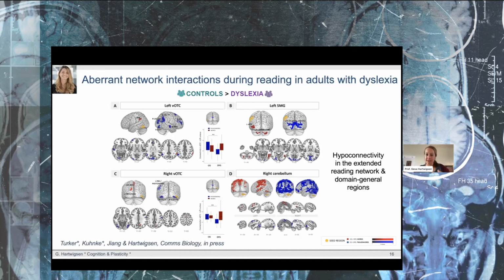That is, decreases in the task-related interactions between areas of the reading network, many domain general areas, and many other brain areas of both hemispheres. And the strongest pattern you can see here down on the right panel is for the right cerebellum. The right cerebellum showed massive hypoconnectivity with almost the entire brain.